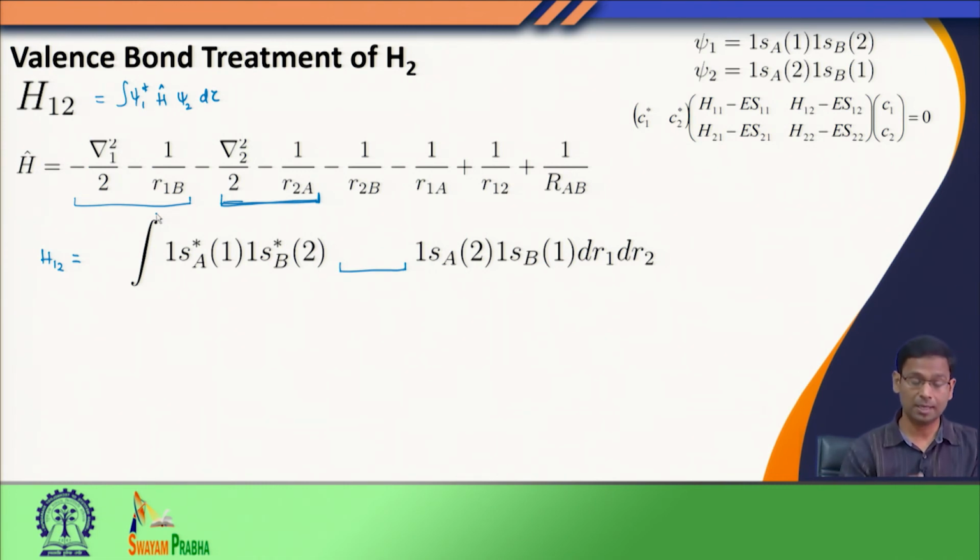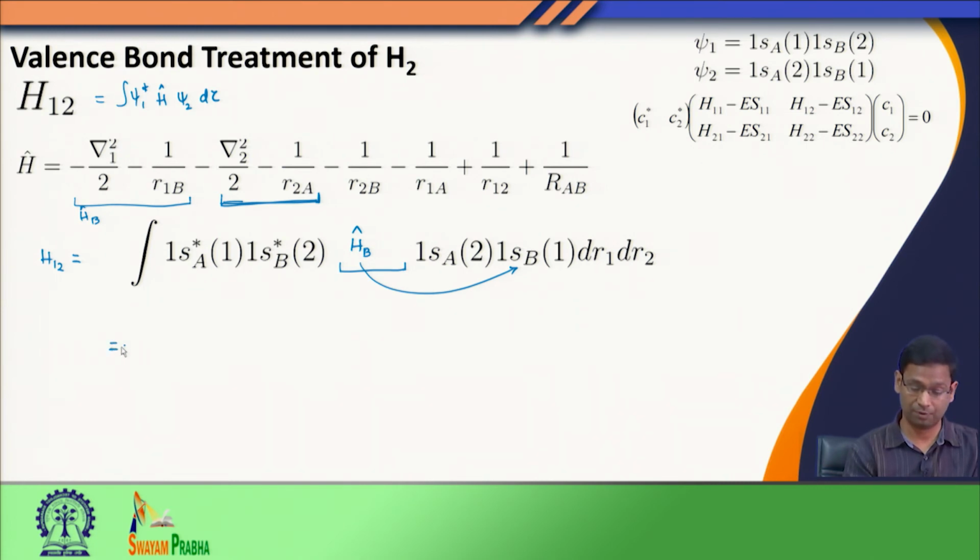Once again, like the previous case, I would first take the first term. Let us call this HB, giving it the nuclear identity. When I have this HB term over here, it will be acting on this function because this has dependence only on electron number 1.